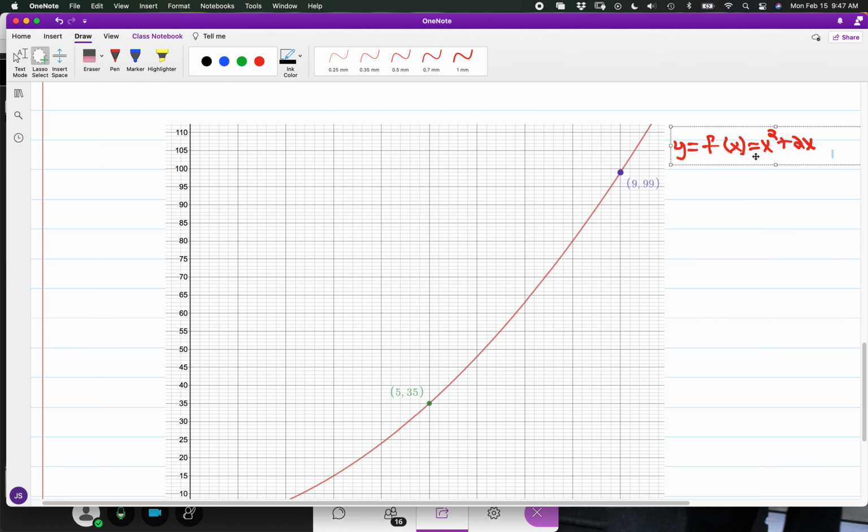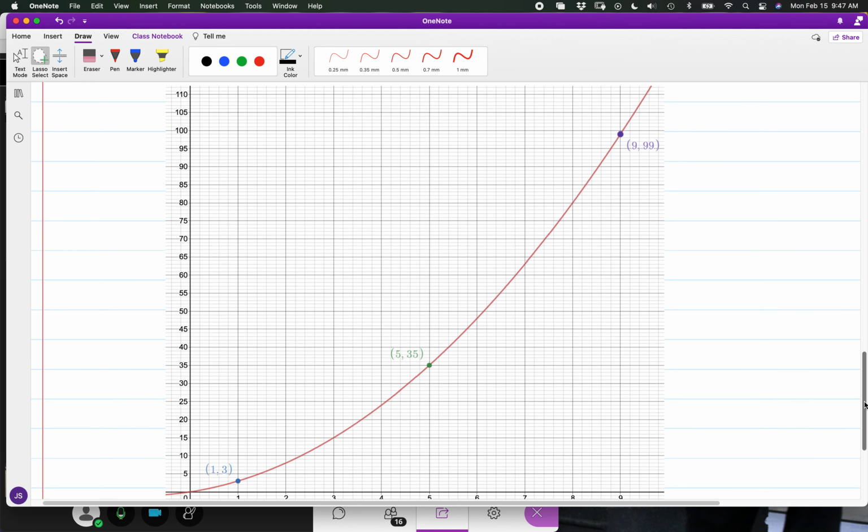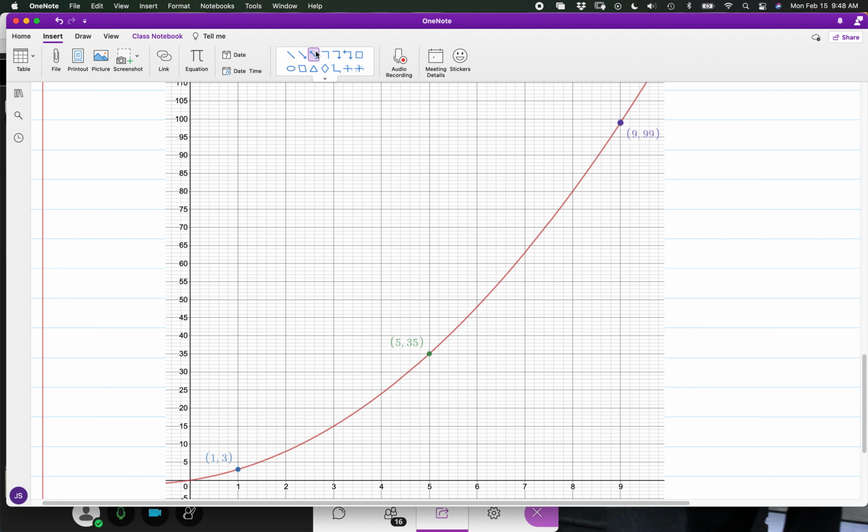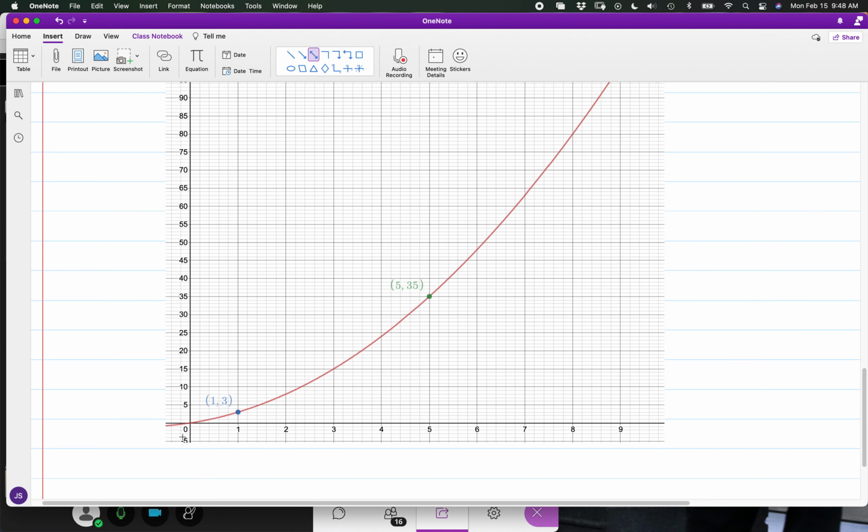Let's see if I can move this. And in the case of the secant lines, we're going from, again, 1, 3 to 5, 35.